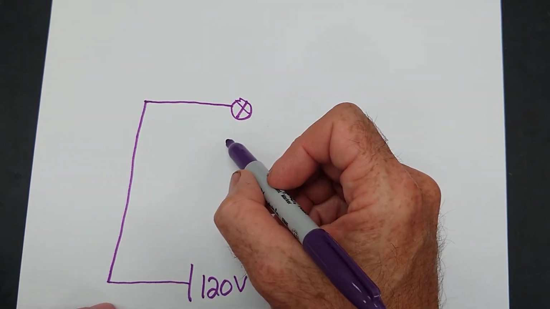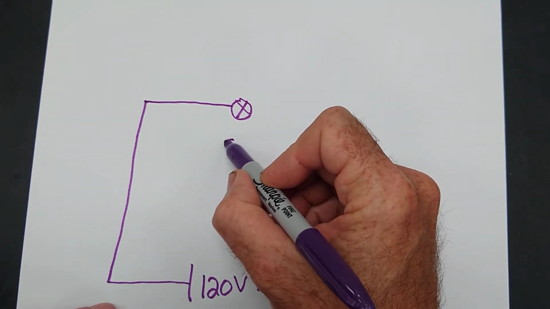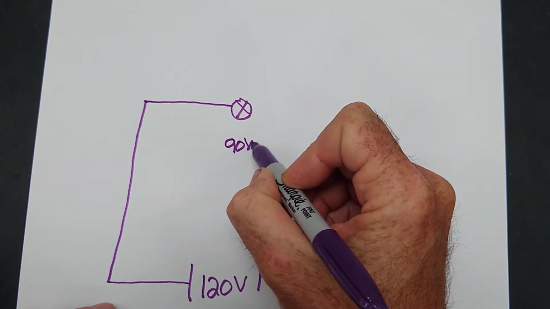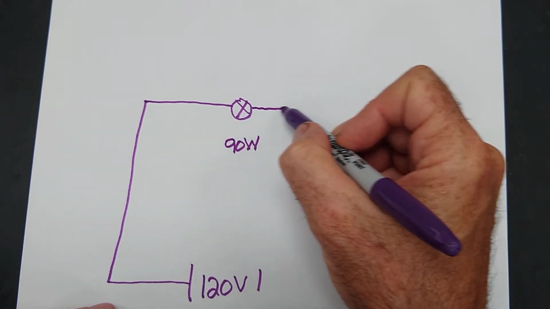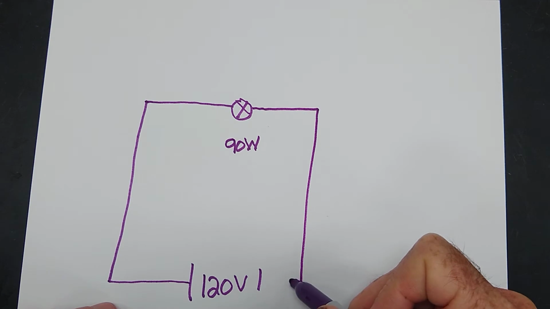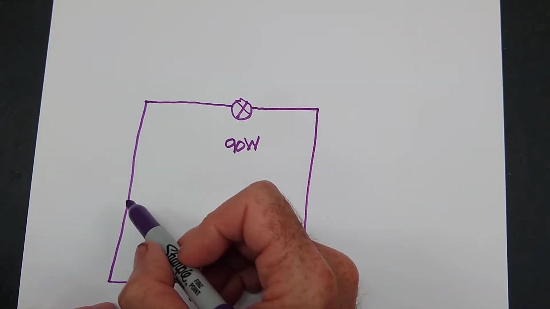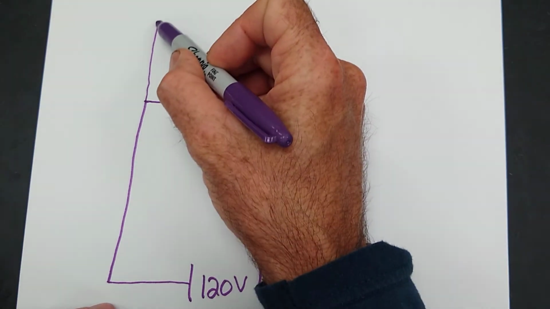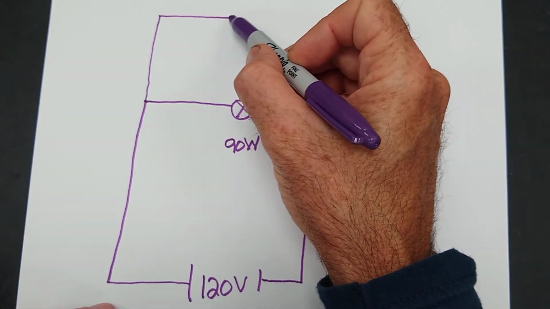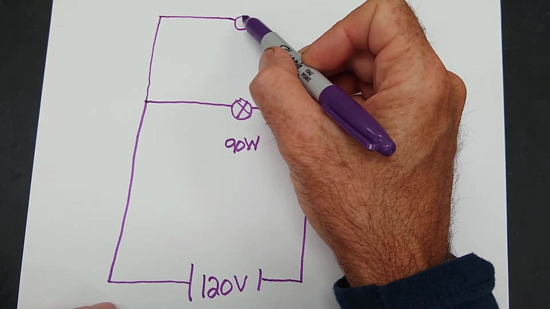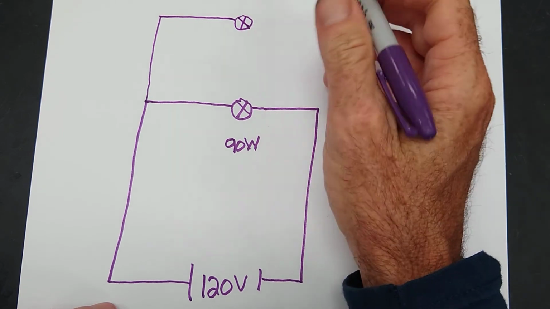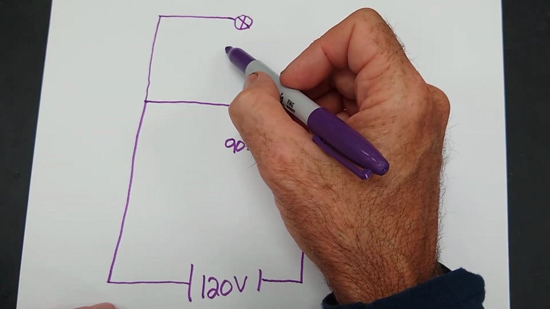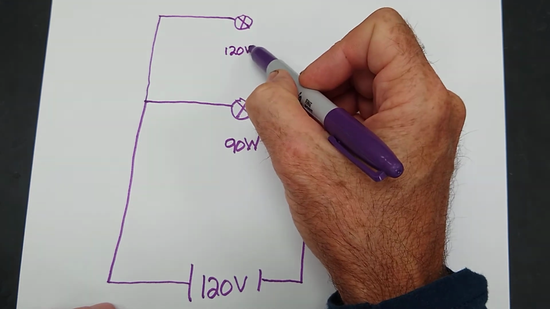This bulb right here is going to be a 90-watt light bulb, which those are very popular. They're very bright. And then also on another parallel circuit to it, we'll be using a light bulb that's very bright. It'll be 120 watts, all right?